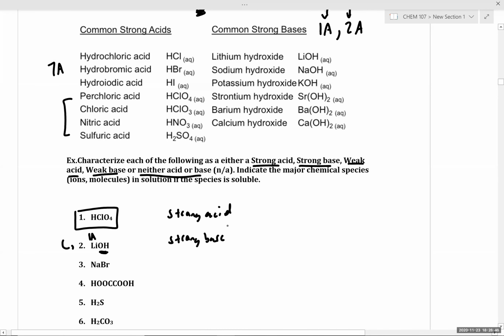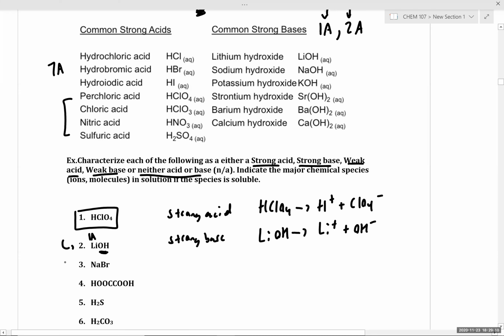And in both cases, because we have a strong acid and a strong base, perchloric acid will break down into its component ions of H plus and ClO4 minus. Likewise, lithium hydroxide will break down to lithium plus and OH minus.